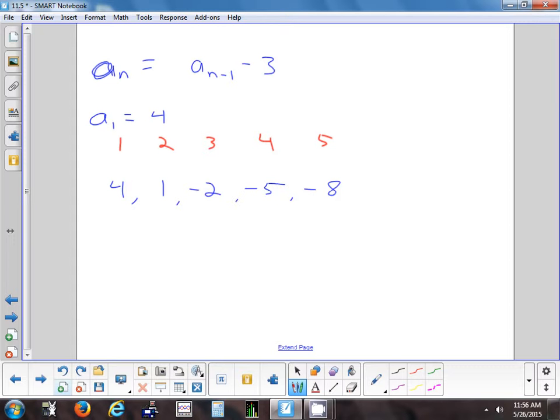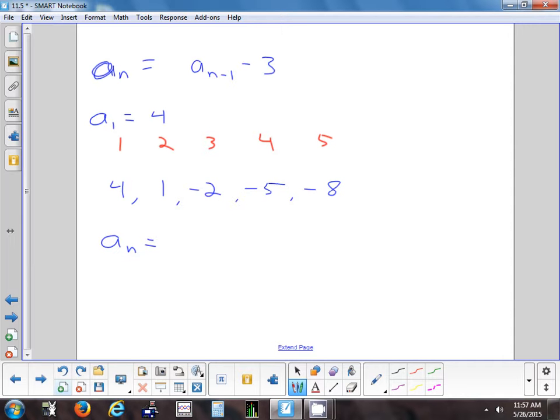Anyone see what the pattern is for that now? Remember, what kind of sequence is this? Because we're subtracting the same number over and over. Is that arithmetic or geometric? It's arithmetic, so we have a formula that gives us that automatically.